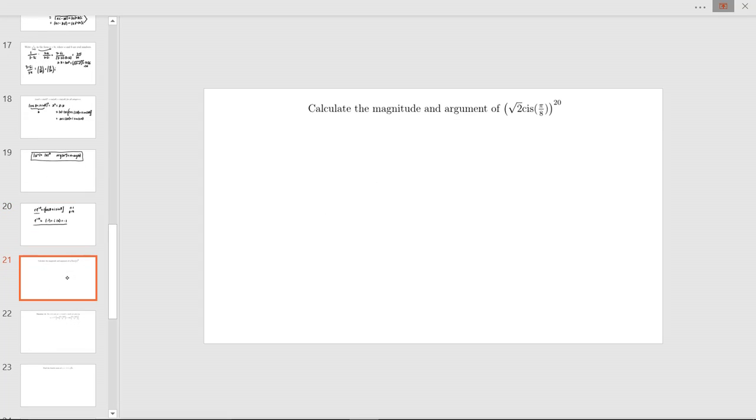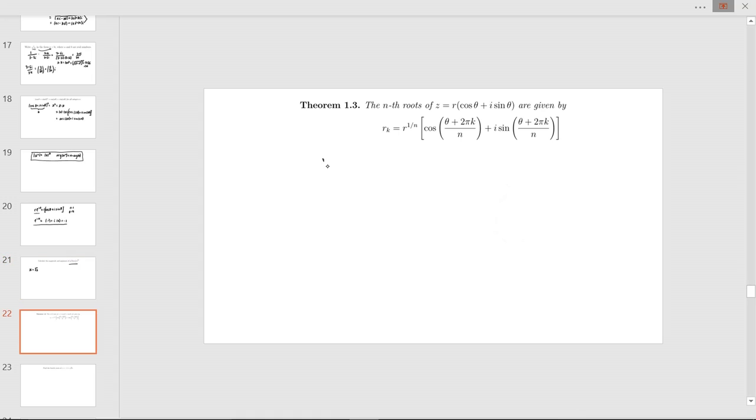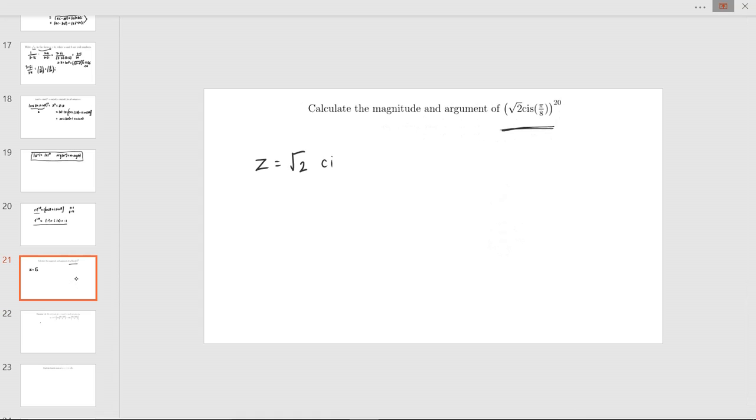So now we try the following problem. I want to calculate the magnitude and argument of this expression. So first, to calculate the magnitude, let's write z is equal to square root 2 cis pi over 8.